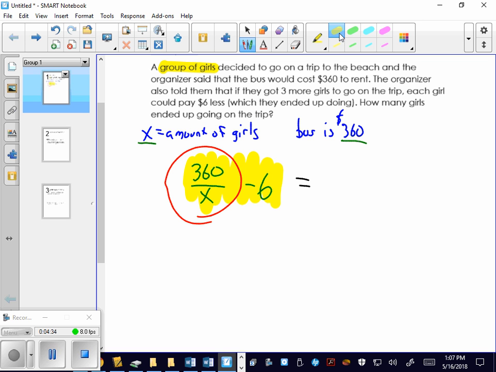If we get 3 more girls to go, that's going to be X plus 3. So the cost if we get 3 more girls to go is the same thing as $360, since it still costs $360 total for the bus, divided by X plus 3. Those expressions are the same.